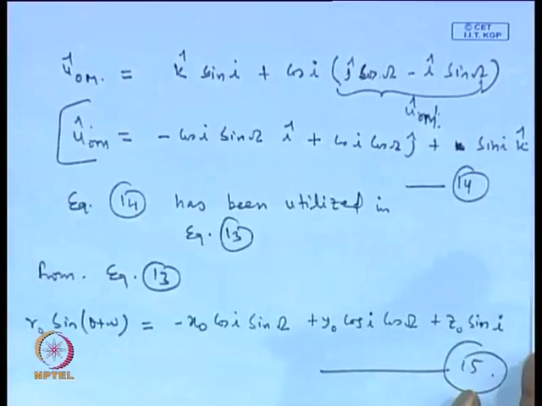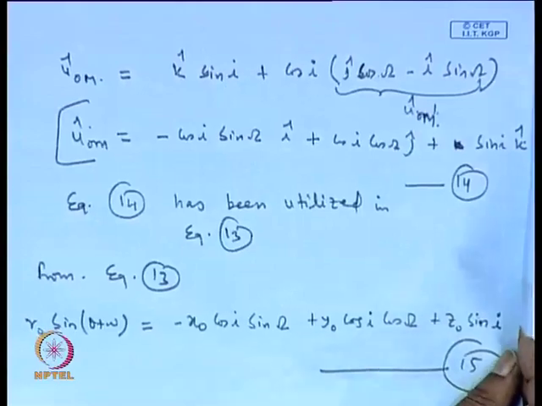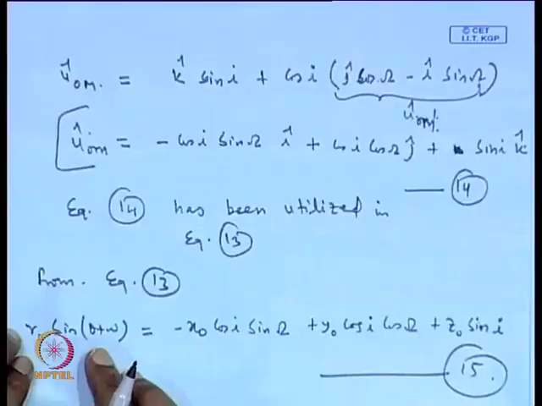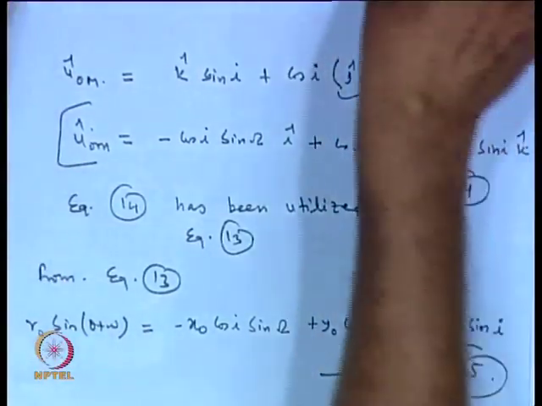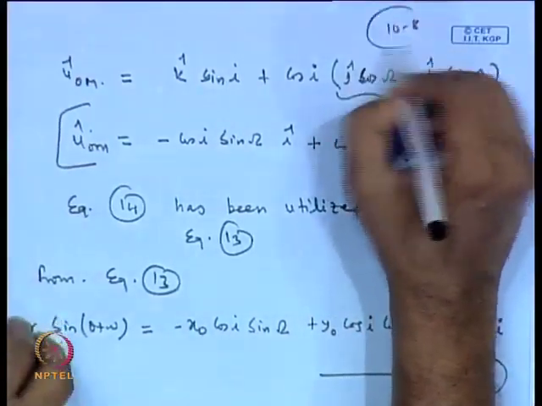Okay. So, once we have got r0 sin(theta plus omega) and r0 cos(theta plus omega), we can get the value of tan(theta plus omega).